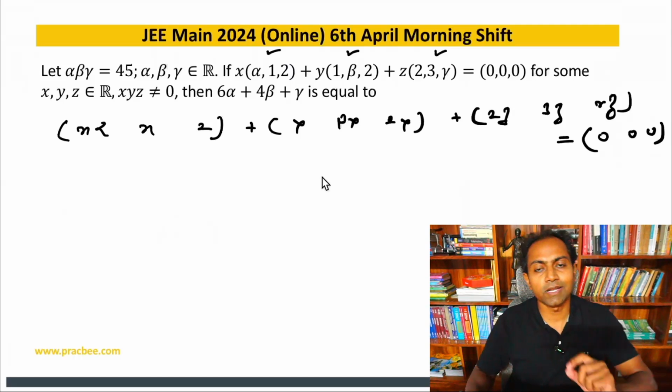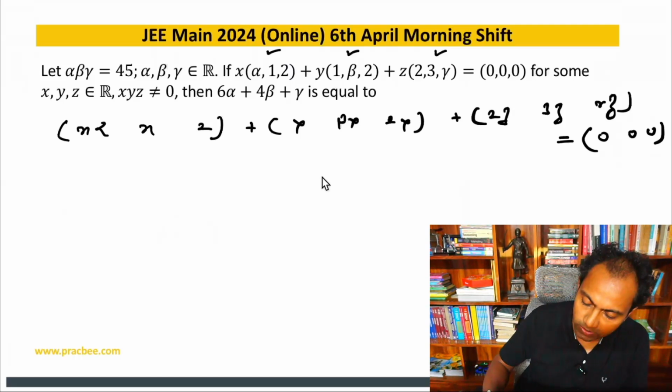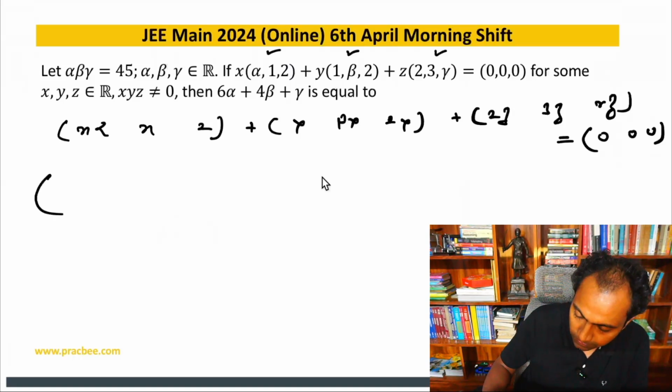So, see, questions are written in a cryptic manner. If you just add all of these three, you are going to get x alpha plus y plus 2z. This is the first term.